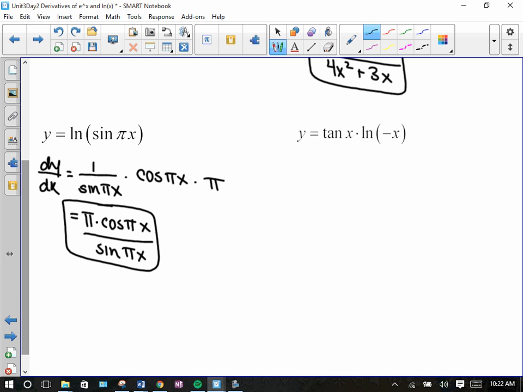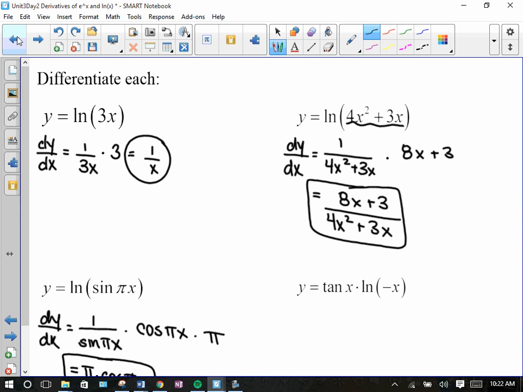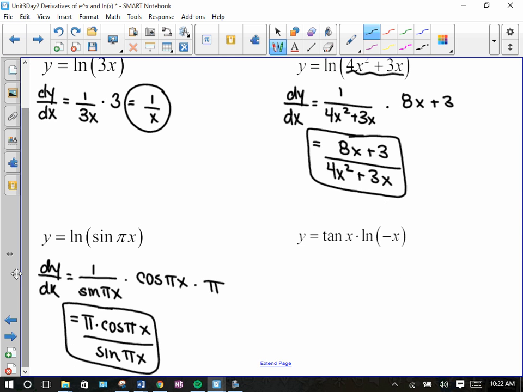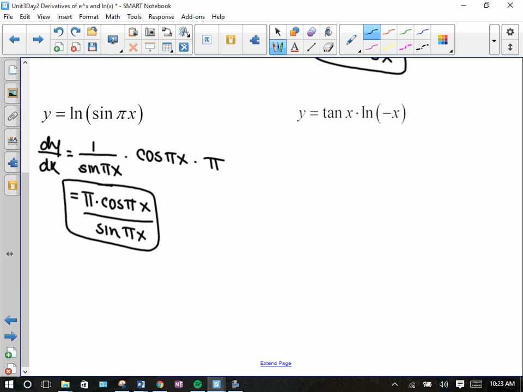We need to look at this next one. What rule does this have involved in it? Product rule. Alright.